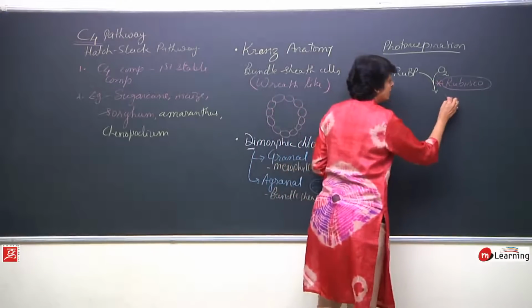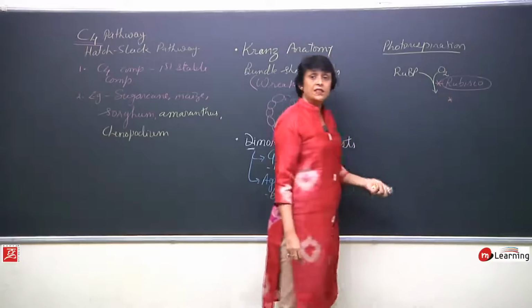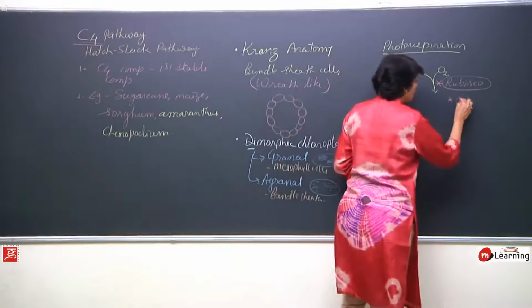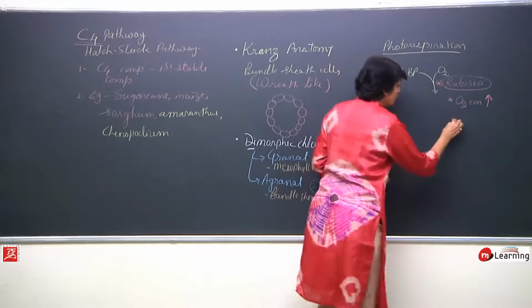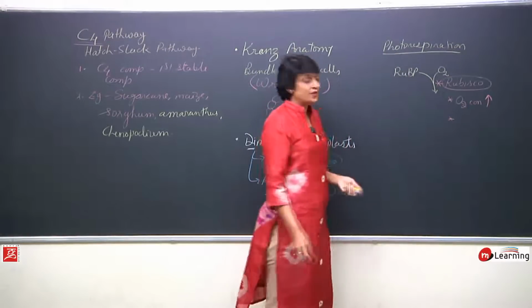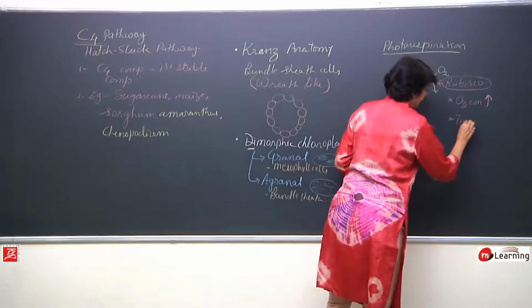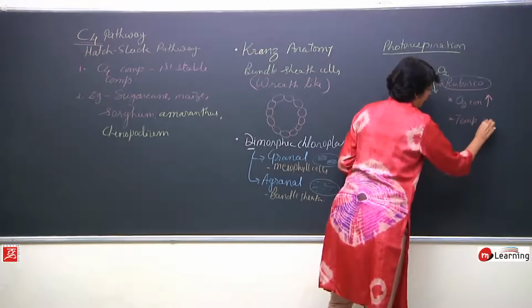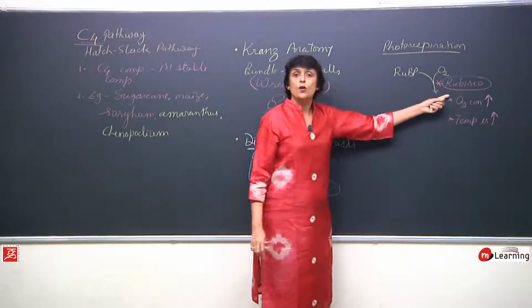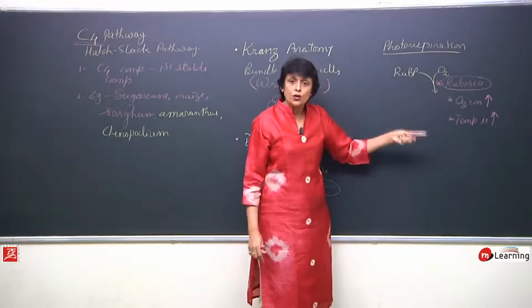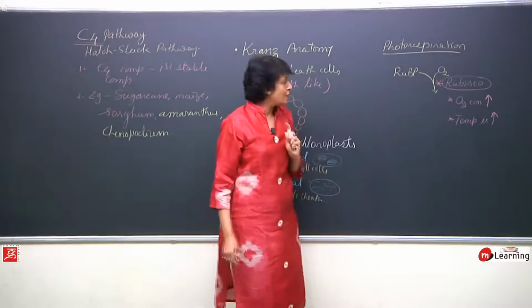When is this behavior changing? The behavior changes when, one, the oxygen concentration is more, and two, when the temperature is high. In these two conditions, rubisco will start acting as an oxygenase instead of a carboxylase.